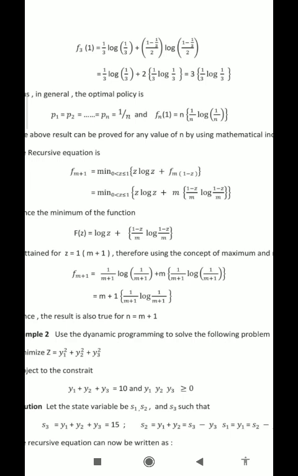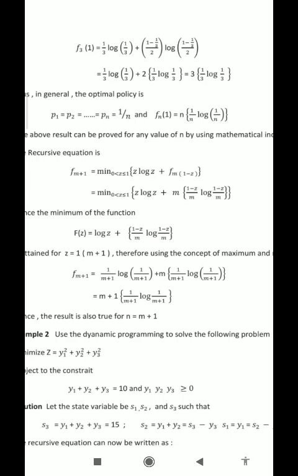That is, f(z) equals z log z plus (1 minus z) log (1 minus z)/m, or we shall write f(m+1) equals 1/(m+1) log 1/(m+1) plus m times 1/(m+1) log 1/(m+1). Combining these two, we get (m+1) times 1/(m+1) log 1/(m+1). So this is the result when n equals m plus 1.